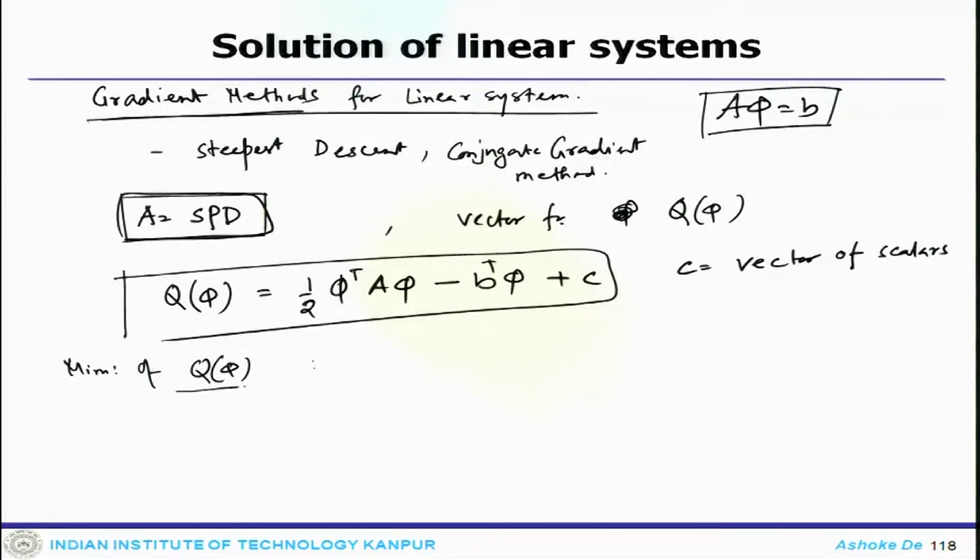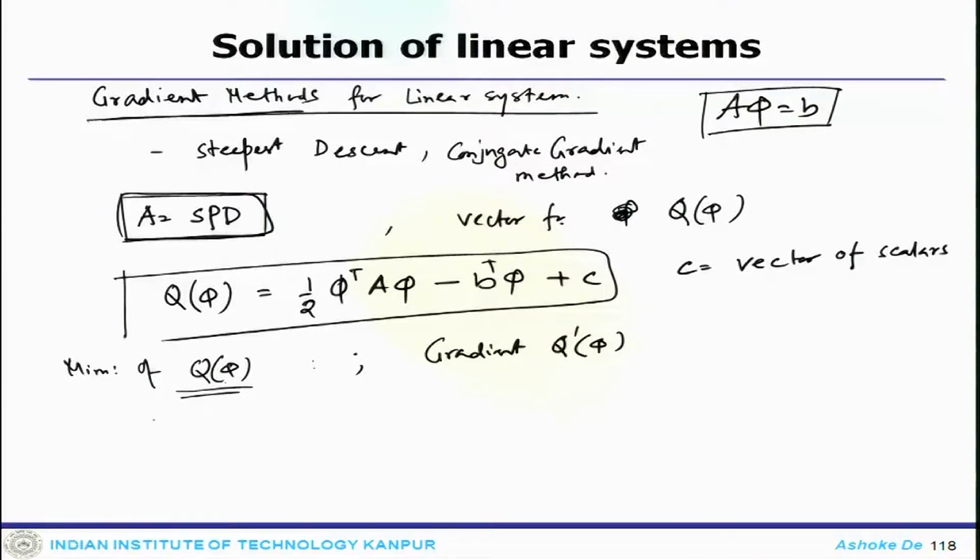The gradient could be defined as Q prime phi of this vector field Q phi for a given phi, and it points in the direction of greatest increase of Q phi.